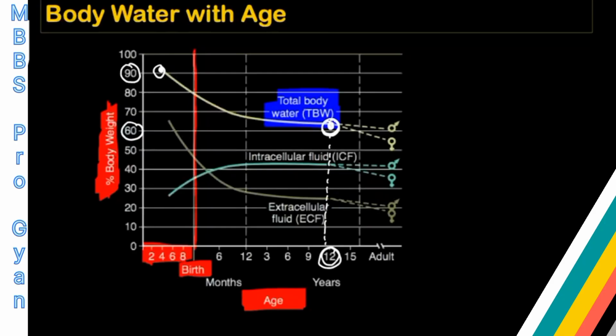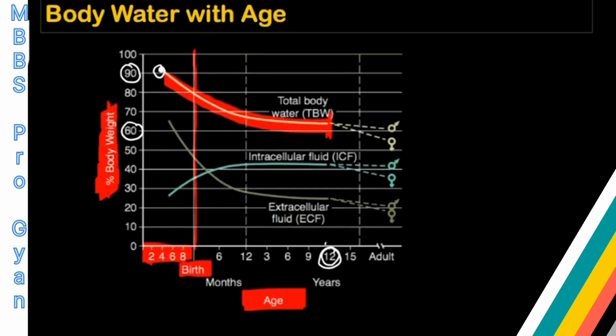And then, another thing: you look from here, you can find out that in this total body water curve there is no difference between boys and girls, no difference between male and female body water content up to this age group.